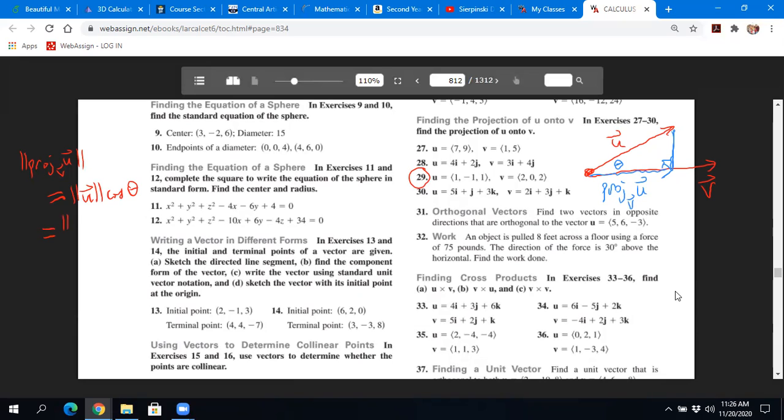Well, because I know stuff about dot products. Because length of v cosine of the angle between two vectors, that is the dot product, correct? So the length of the projection is equal to u dotted with v over the length of v.